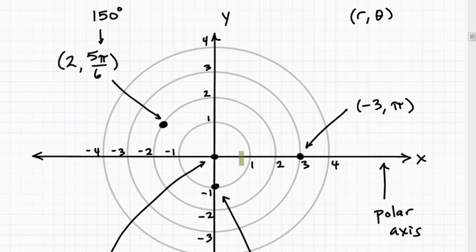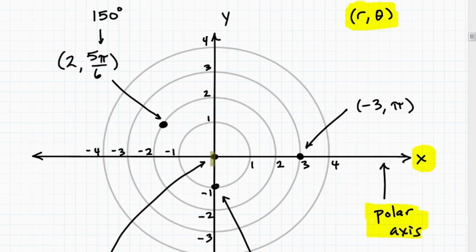Here, there's 1. Anywhere along this circle has a radius of 1. This will help us define points, because remember, to describe a point with polar coordinates, we need that radius and a particular angle. The polar axis, where we start forming an angle, is going to be the x-axis. That's the polar axis.